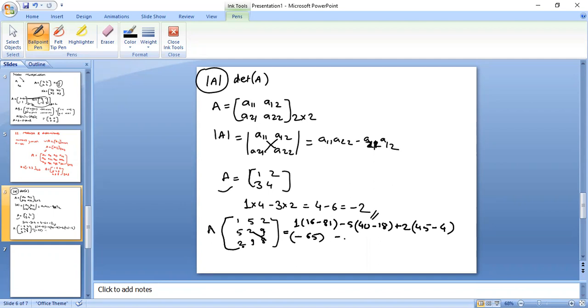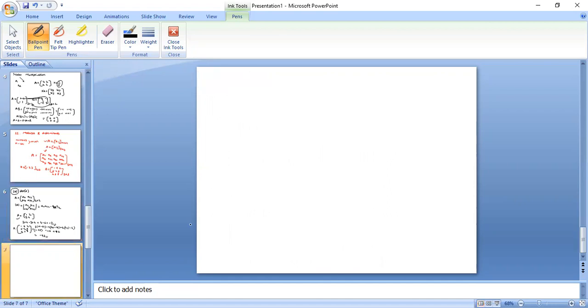This is 5 into 22. So this is minus 112, and this is 41 into 2 is 82. So you will get minus 93 as the result of the determinant of matrix A.